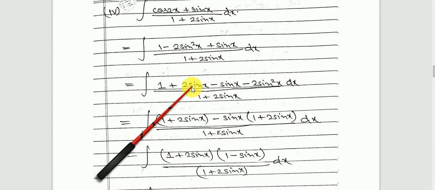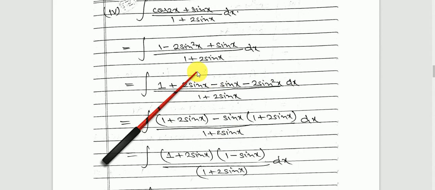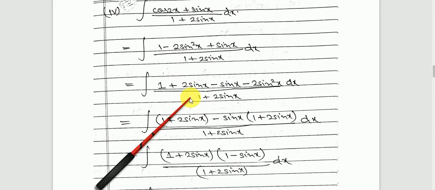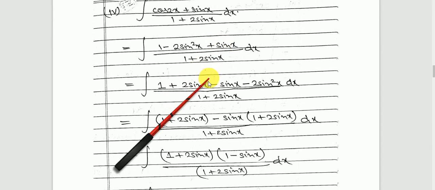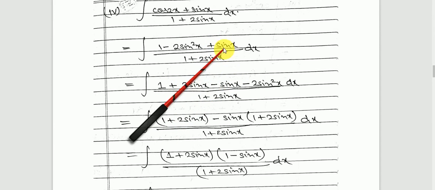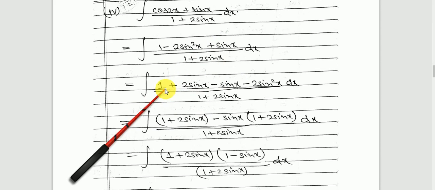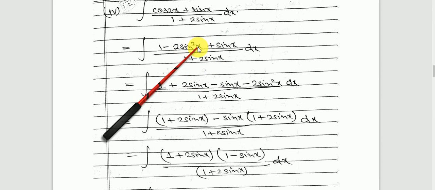So here what I'm doing is, I'm adding and subtracting sine x, because here 1 minus 2 sine square x plus sine x.